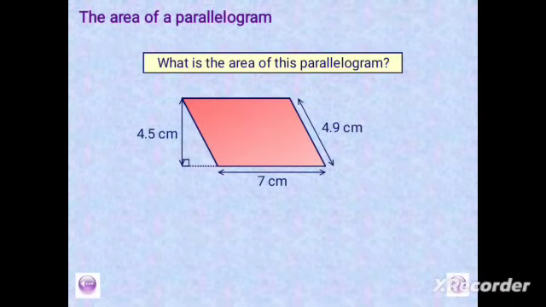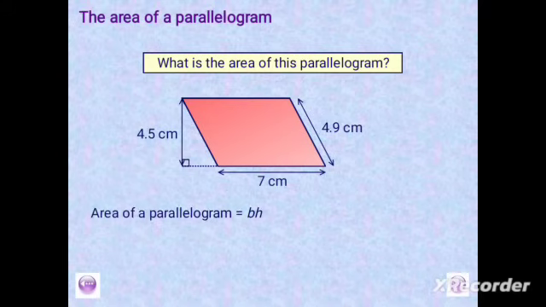Let's have an example on this. What is the area of this parallelogram? The diagram given below is a parallelogram of sides 7 centimeters and 4.9 centimeters, and of height 4.5 centimeters.